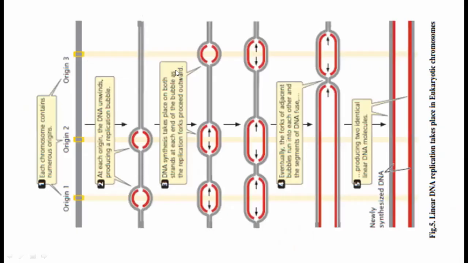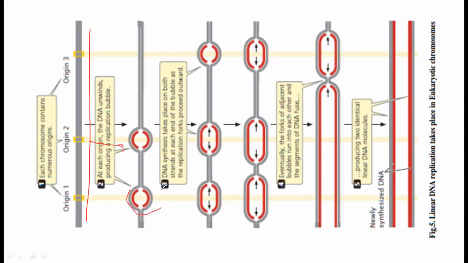Here I have this diagram, which is a little bit rotated, the reason being it is too large to have in a portrait position. You see, this is your chromosome. This is the origin of replication.